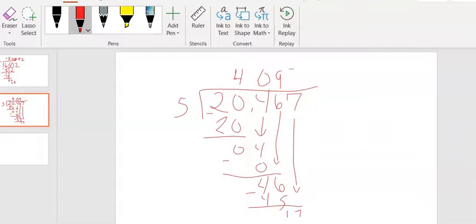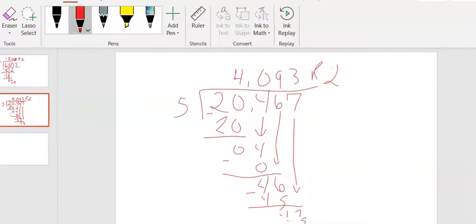Well, it can only go in there 3 times, right? 3 multiplied by 5 is 15. So we're going to subtract 15 from 17, which is going to give us a remainder of 2. So our answer for number 7 on page 187 is 4,093 remainder of 2. And that's how it would look if you were going to be doing your long division.